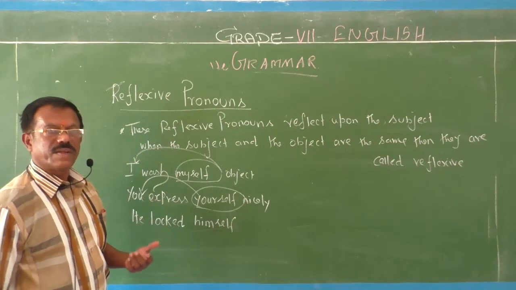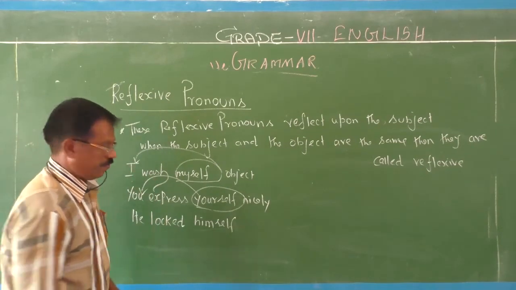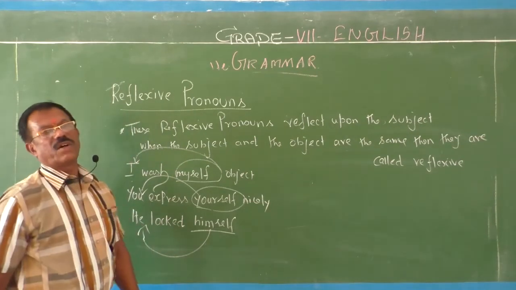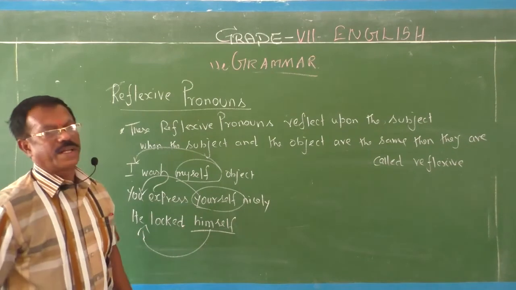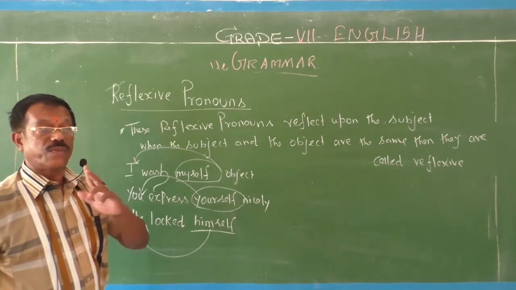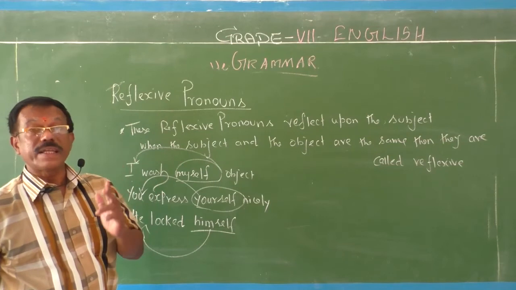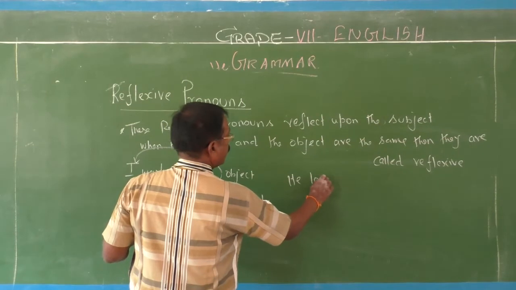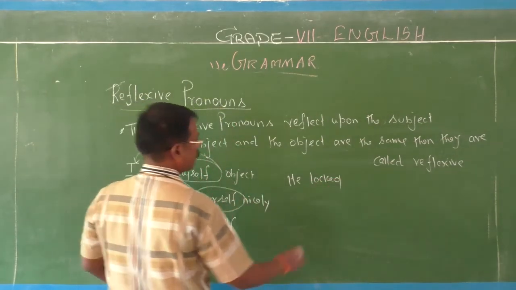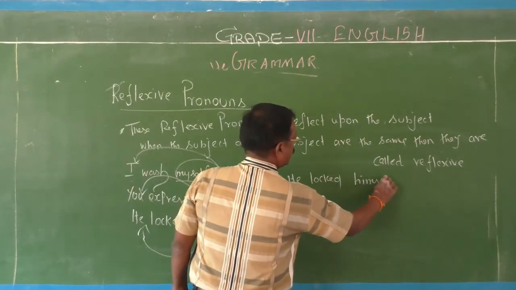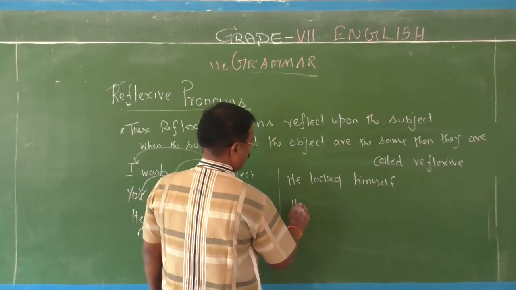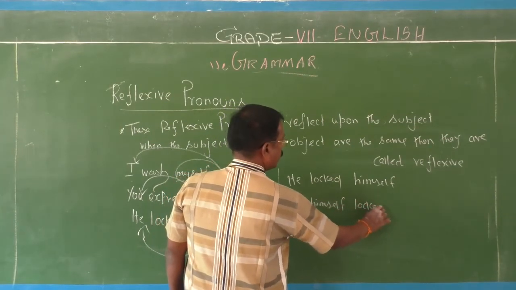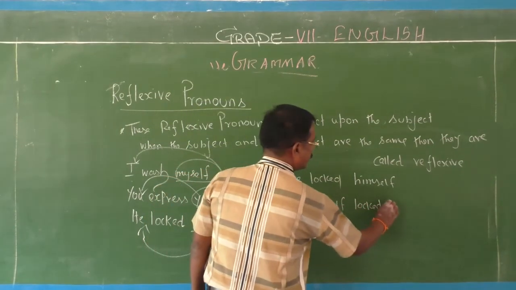He locked himself. He locked whom? Himself. This is the object. So it reflects upon the subject. Therefore, they are called reflexive pronouns. But you should know the position. Reflexive pronoun is different from emphatic pronoun. See, he locked himself. He himself locked it.